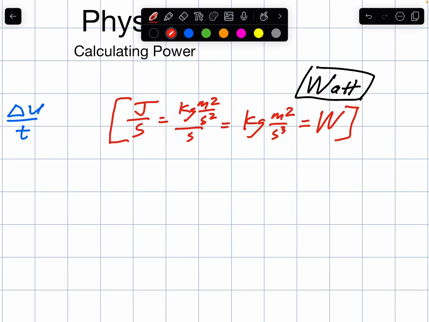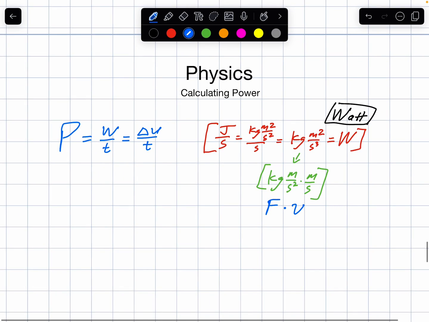We can also break this down as kilogram meter per second squared times meter per second. Now that's interesting because the units here, these are the units for force times velocity. And that actually gives us a separate equation now for power.